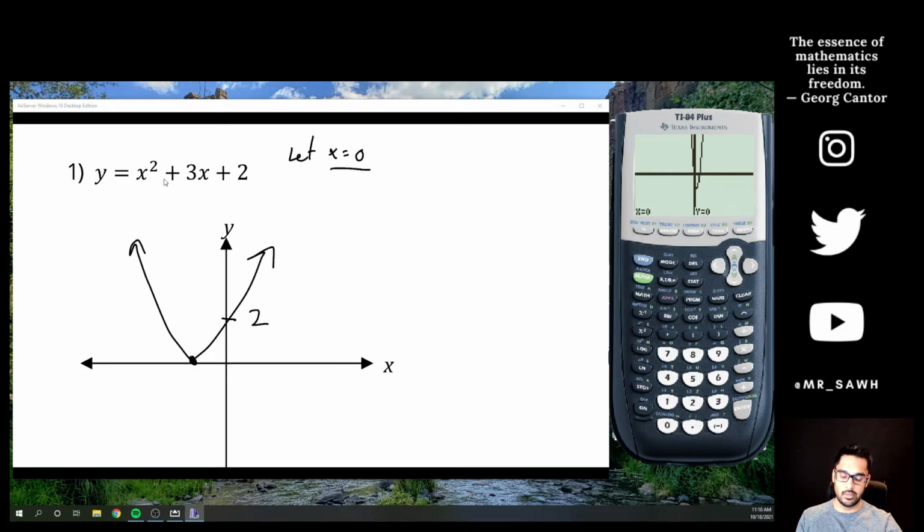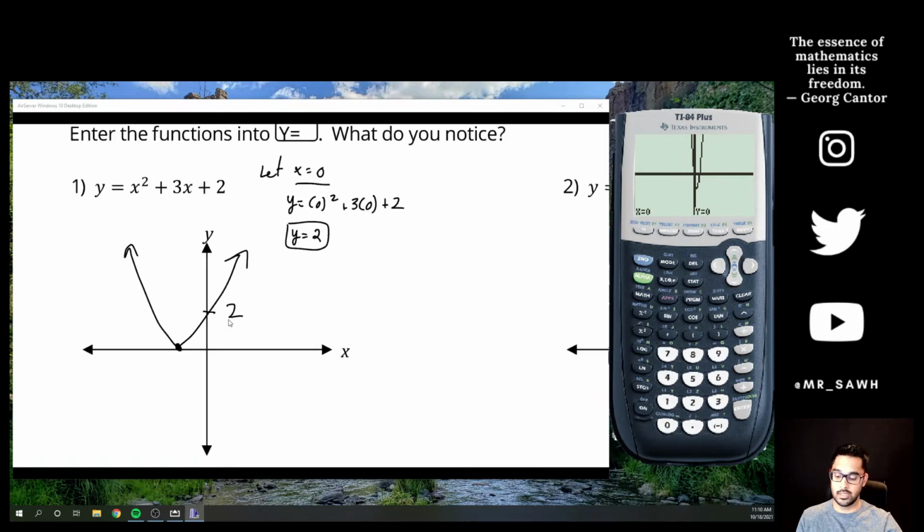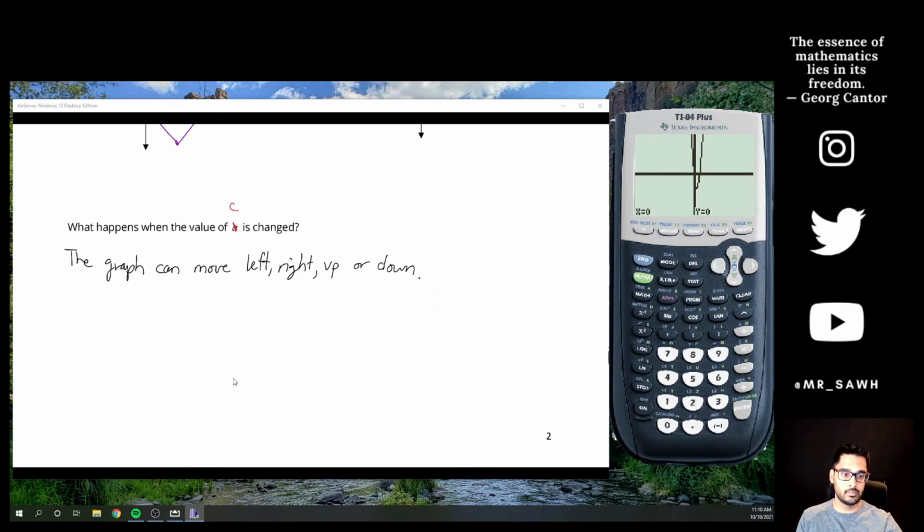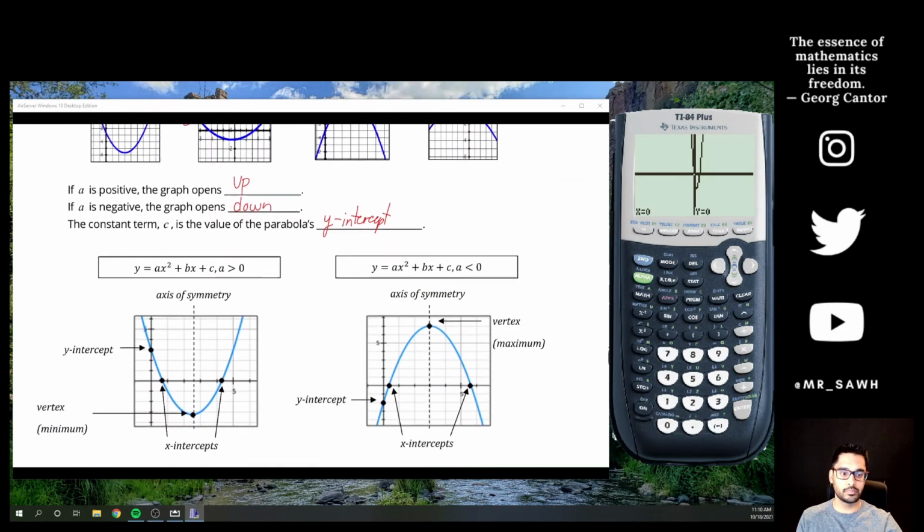So if you plug 0 into this equation, you get 0 squared plus 3 multiplied by 0 plus 2. Well, 0 squared becomes 0. 3 multiplies with 0, again to simplify to 0. So the only thing I'm left with is 2. So it will tell me where I cross that y-axis. So if x is 0, y is 2. And the same thing is true for all of them.